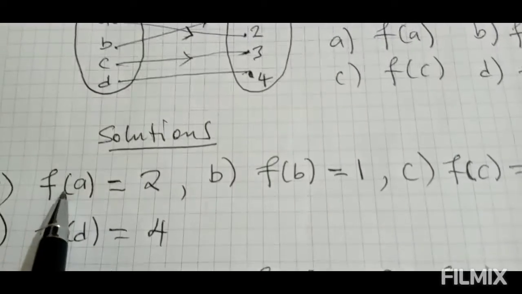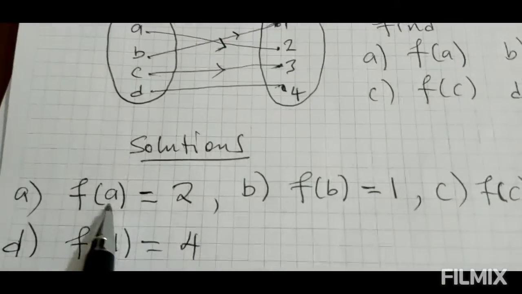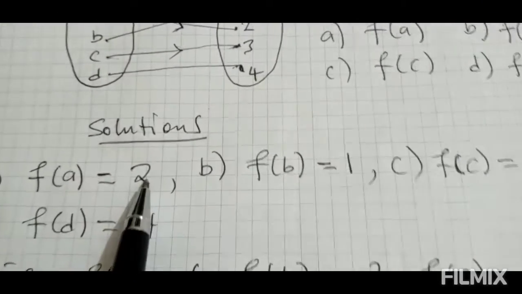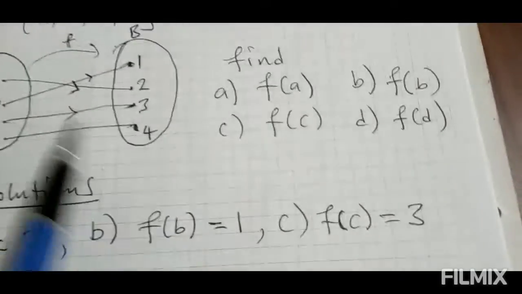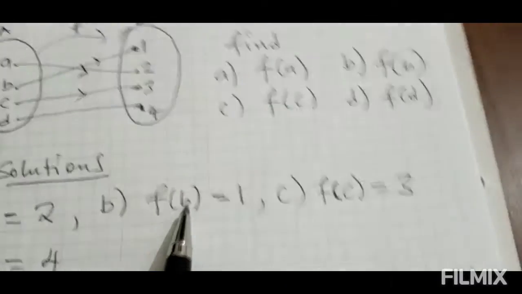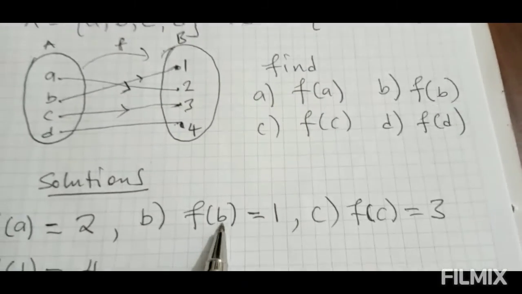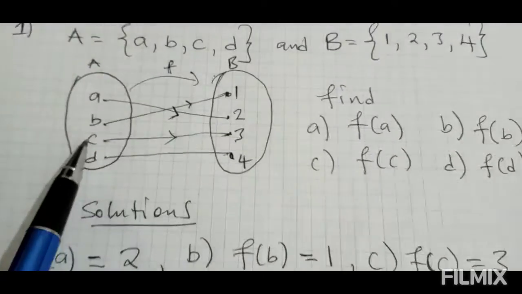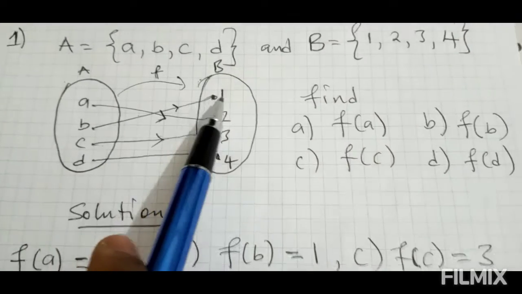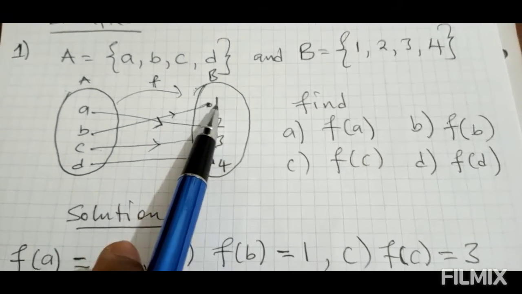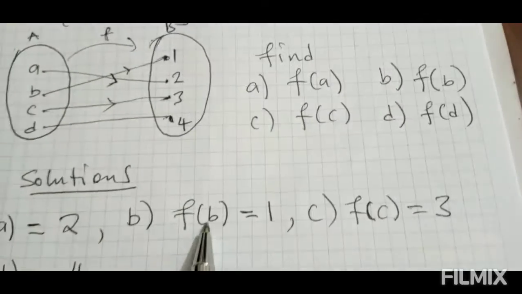So f of a is 2. When you input a, you get 2. Now, what is f of b? When you input b, you get the output of 1. So f of b is equal to 1.